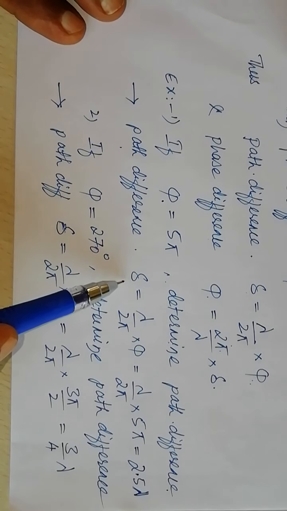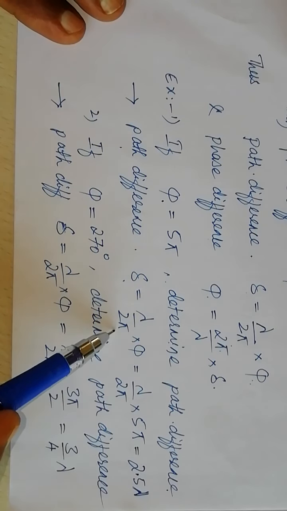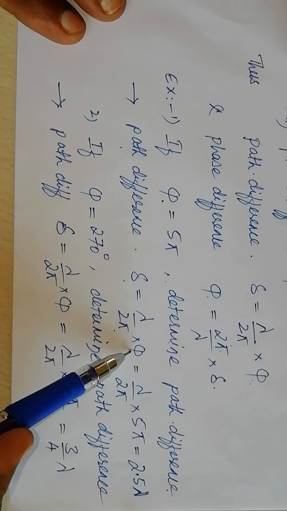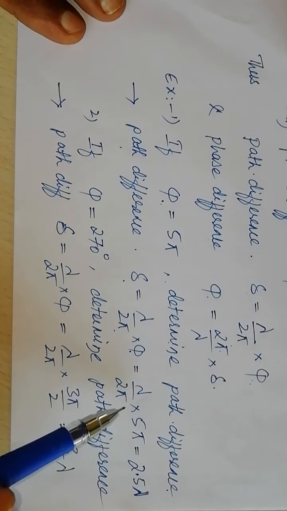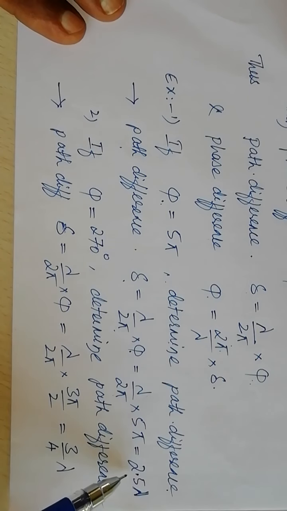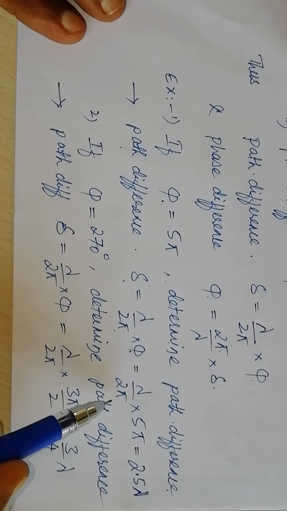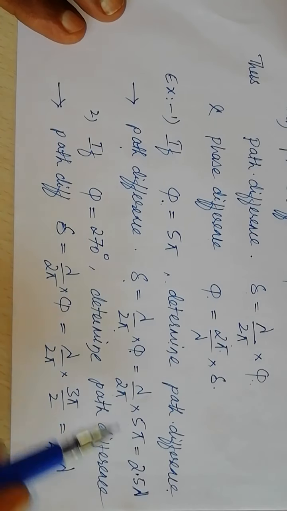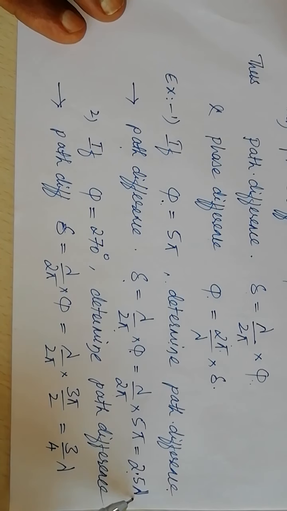Therefore, path difference delta is lambda by 2 pi into phase difference phi. So phi is 5 pi, lambda by 2 pi into 5 pi, it is 2.5 lambda. 1 lambda is 2 pi, 2 lambda is 4 pi, and 2.5 lambda is 5 pi.